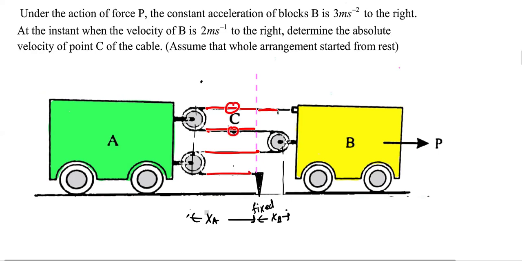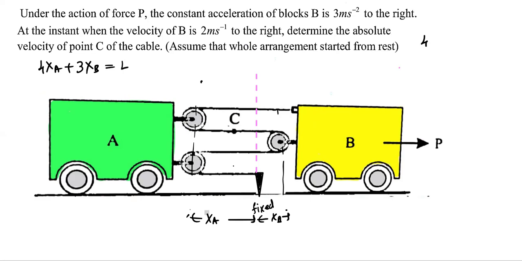The change in length of these segments will correspond to displacement of block A. The change in length of these segments will correspond to displacement of block B. So this should be equal to 4XA plus 3XB should be equal to L altogether, because this will be 4XA, no? XA, XA, XA, XA. Agreed? Then this should be XB, XB, and XB, 3XB.